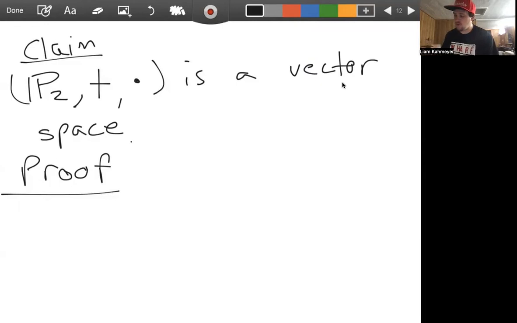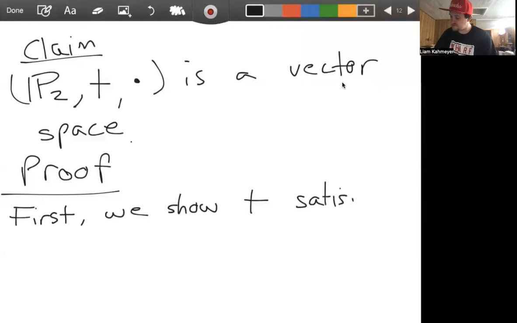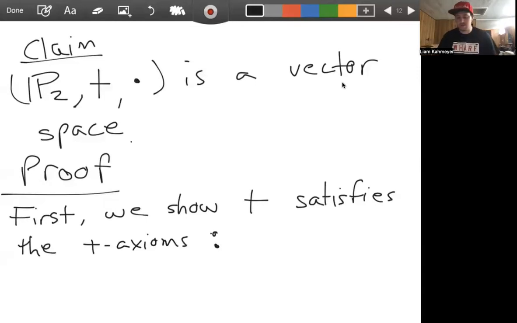So let's prove first that plus satisfies the plus axioms. Okay, and so what was the first one, right? The first one we needed to show was that the set P2 is closed under vector addition, or closed under addition.